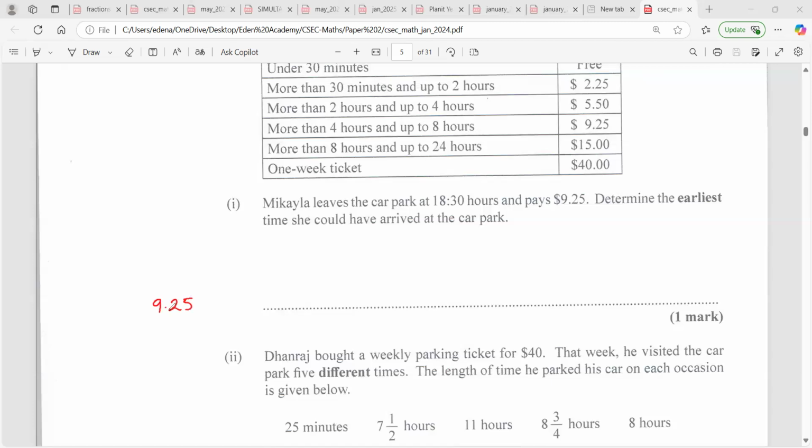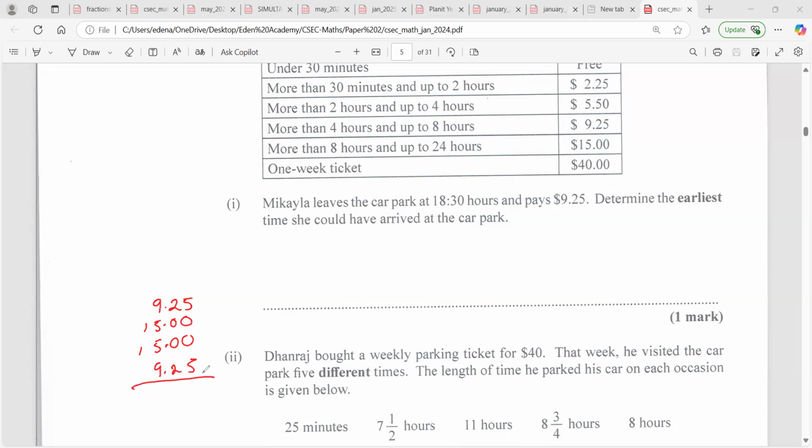Then 11 hours is more than 8 hours and up to 24, so between 8 and 24, that is where we sit in. So $15. Then there is 8 3/4 hours. Now that's definitely over 8, so that is also $15. And then 8 hours exact, so $9.25.